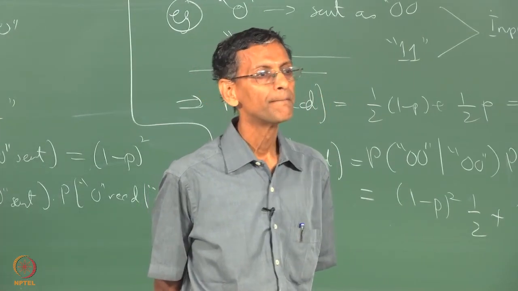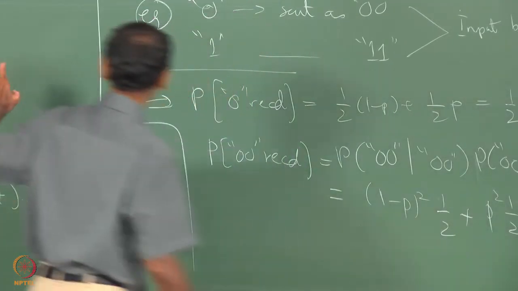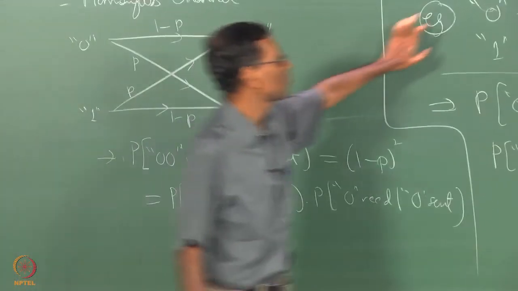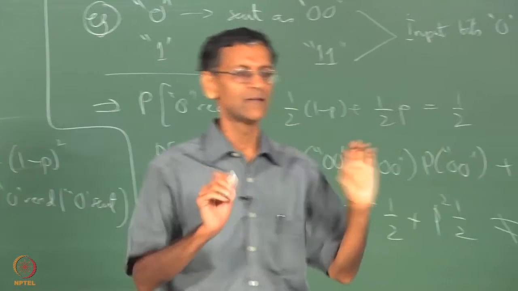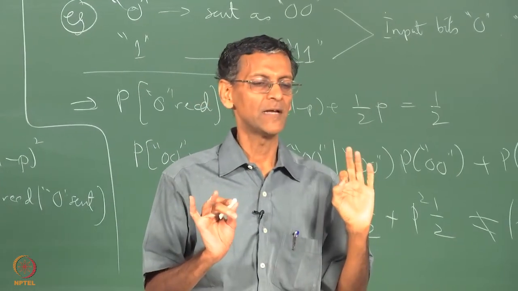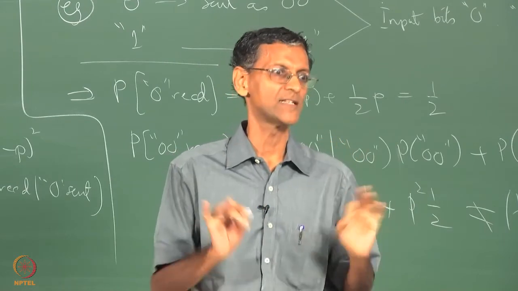Why are we not taking 0 1 and 1 0? Because I am looking at the transmission of this coded bit 0, which is coded as 0 0.